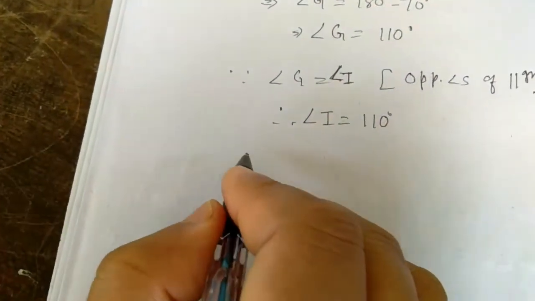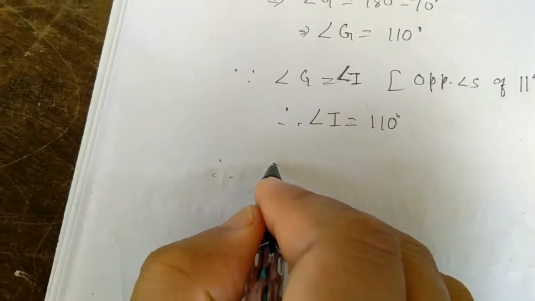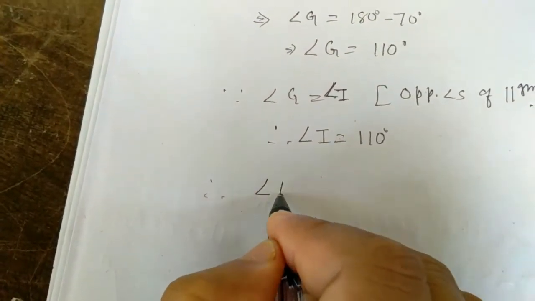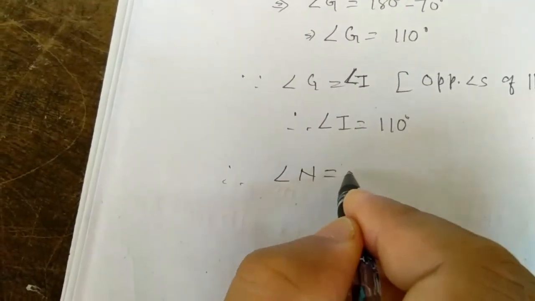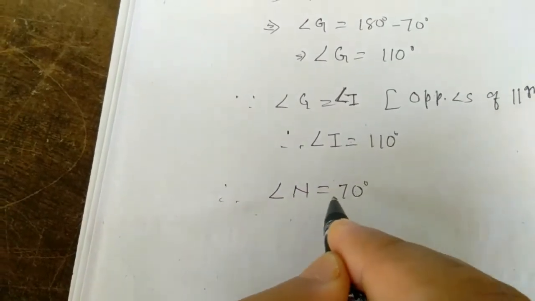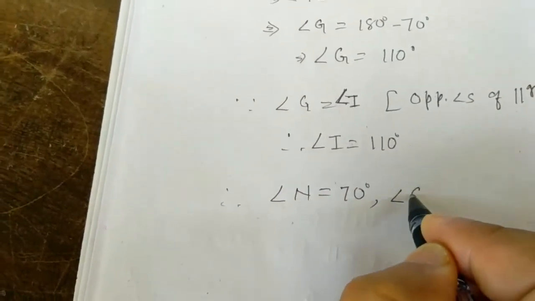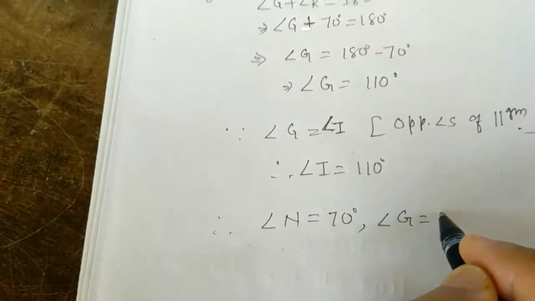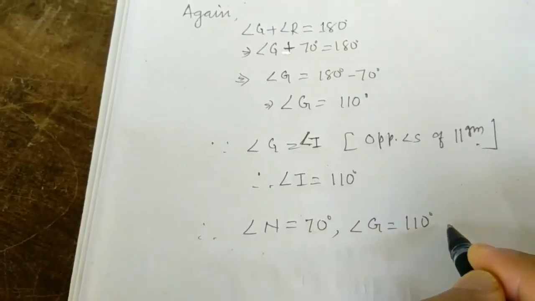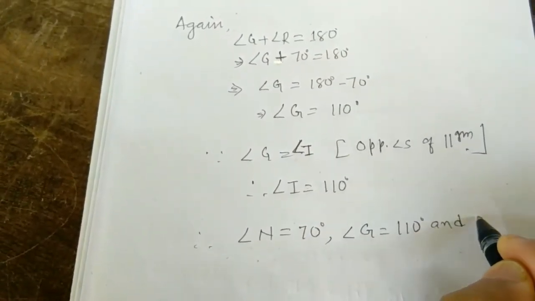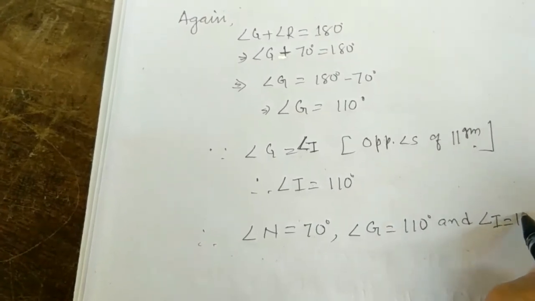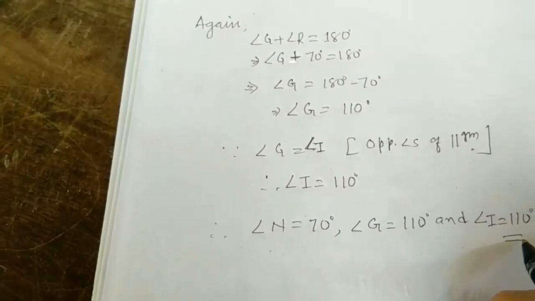So the answer: angle N equal to 70 degree, angle G equal to 110 degree, and angle I equal to also 110 degree. And this is the last question.